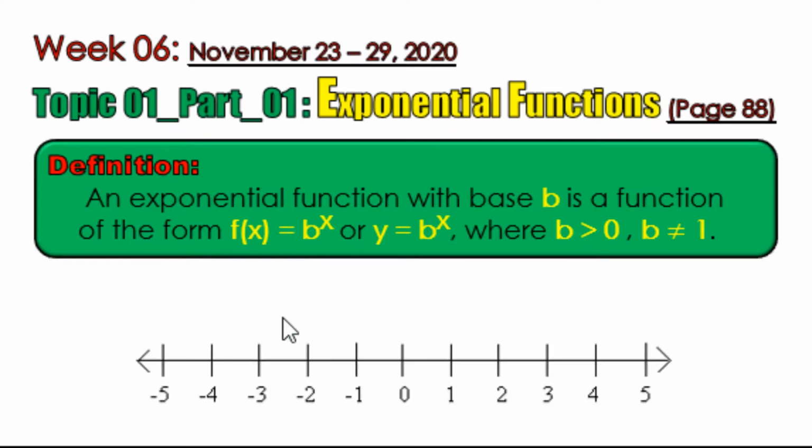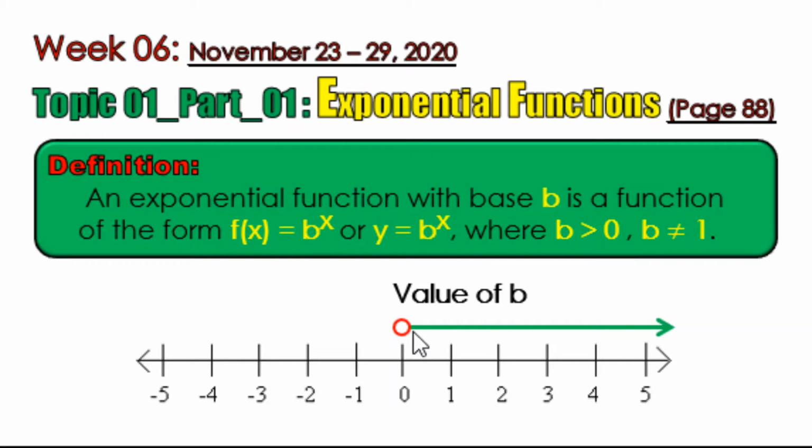To visualize the value of b, here is a number line, and here is a hollow point, which means that 0 is not included as the value of b. The value of b is greater than 0.